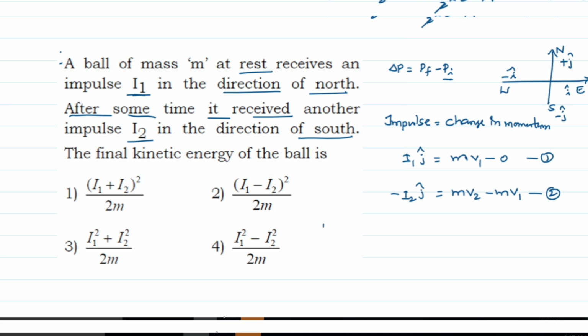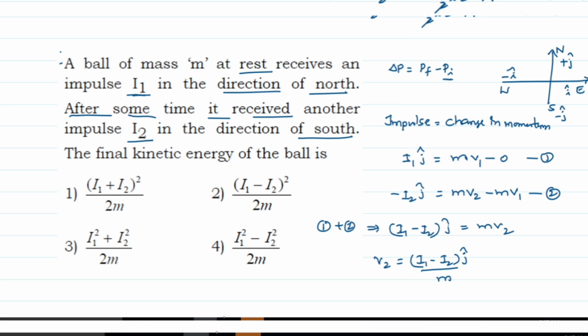Now you just add these two equations, 1 plus 2. You get I1 minus I2 into j cap equals m v2, since m v1 and m v1 get cancelled. Then v2 is I1 minus I2 into j cap by m.